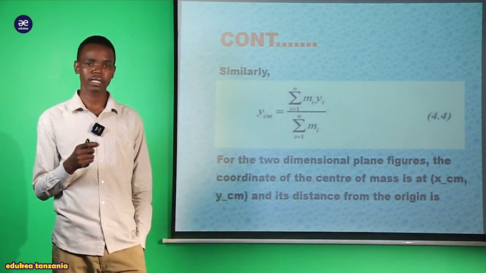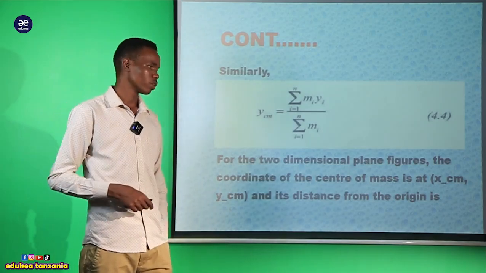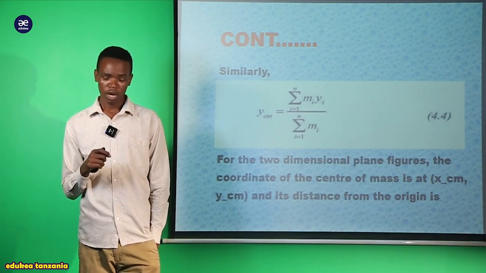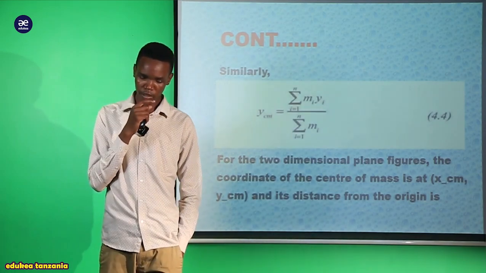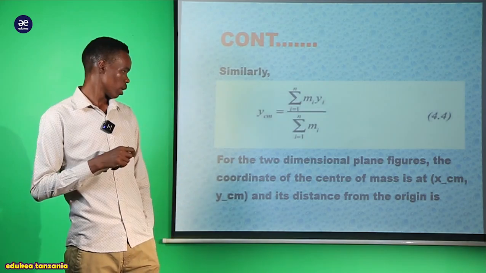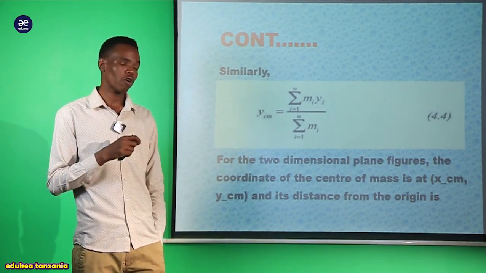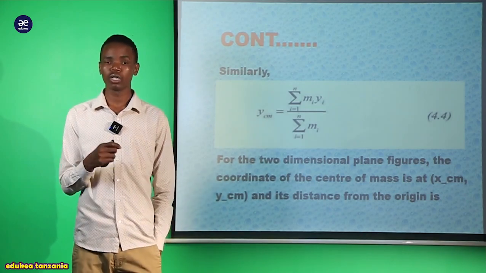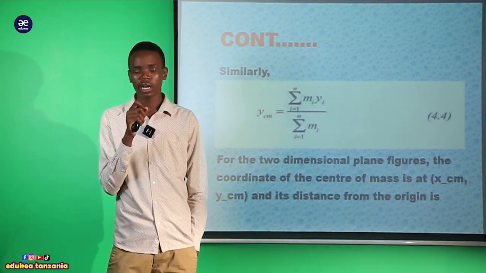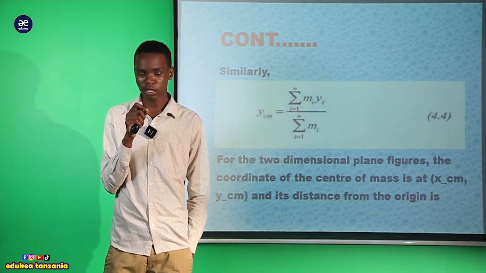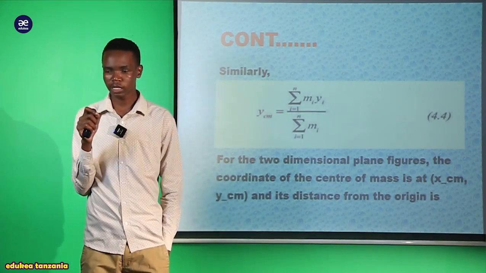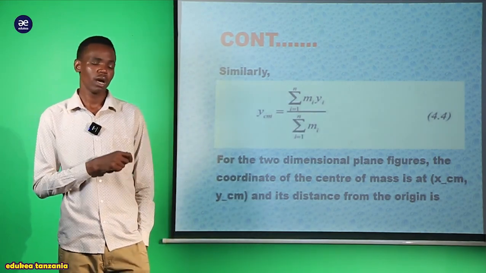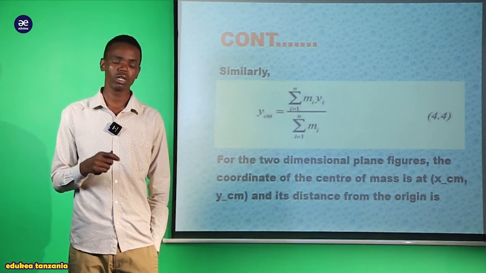If we have two-dimensional plane figures, the coordinate of the center of mass at this point should be equal to x, which means the center of mass along the x-axis, comma, the center of mass along the y-axis. But both of them involve their own definition.